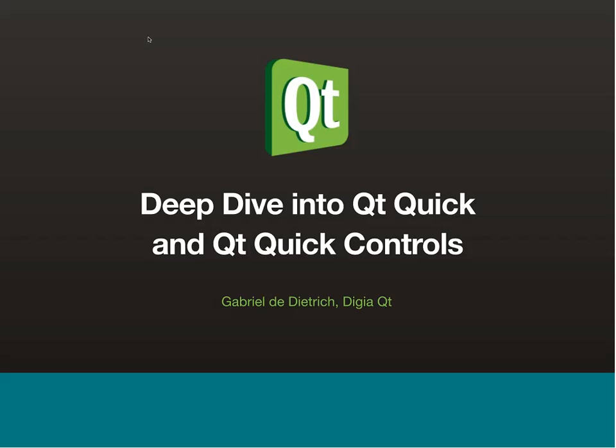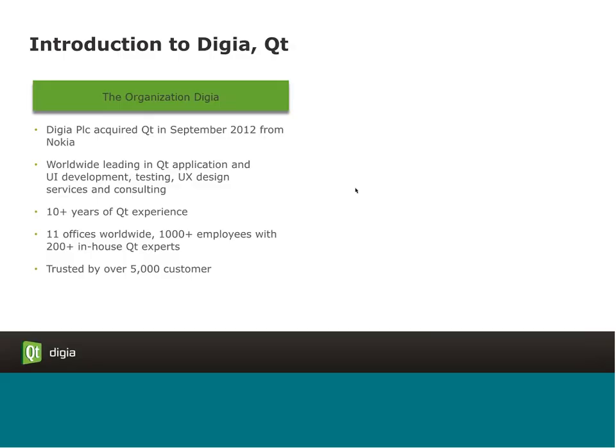Let me just start by giving a quick introduction to DGA and why we are the ones doing this. DGA, Qt, we are now the same organization that used to be Trolltech, that used to be Nokia. We have been developing the Qt framework for 20 years now. In March 20 years ago, the company Trolltech was founded, and they started development of the Qt frameworks here in Oslo.